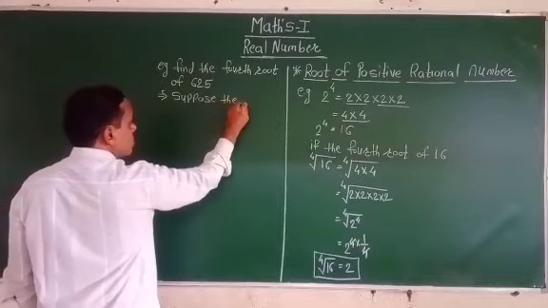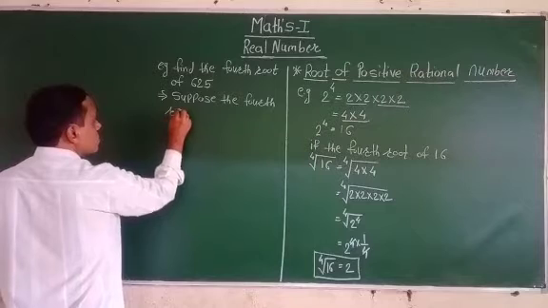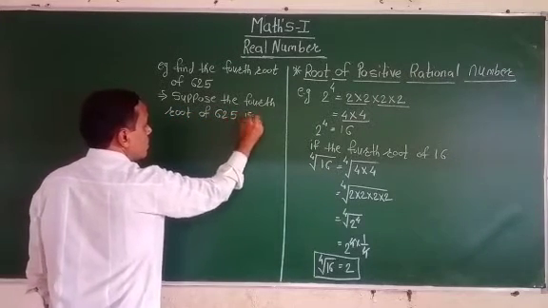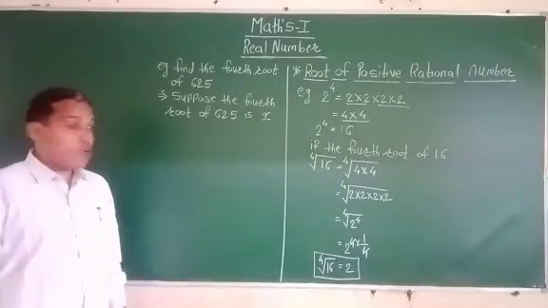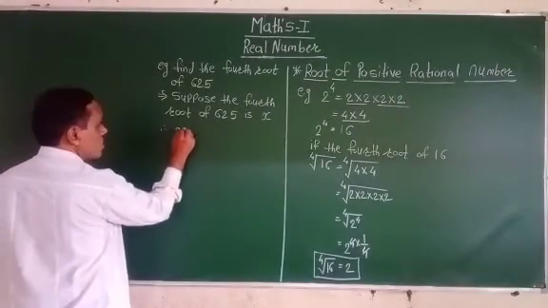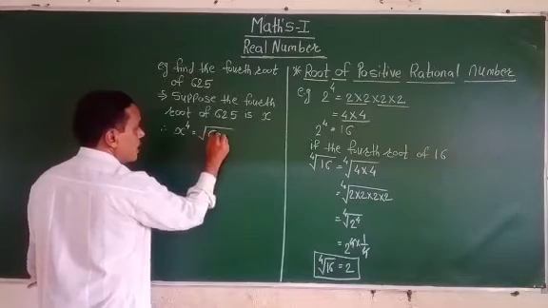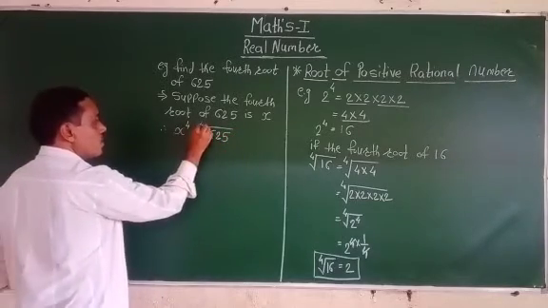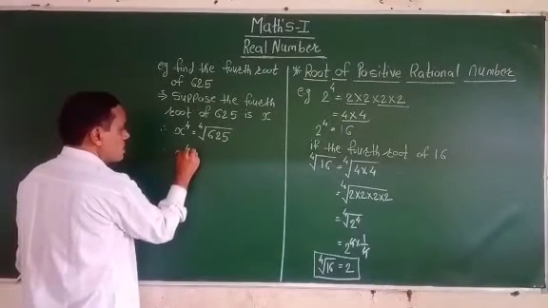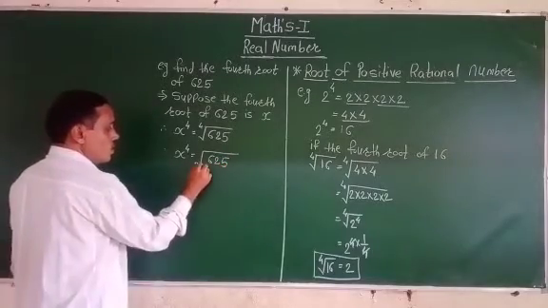Suppose the fourth root of 625 is x. So we get x raised to 4 is equal to 625 under the radical sign with degree 4.